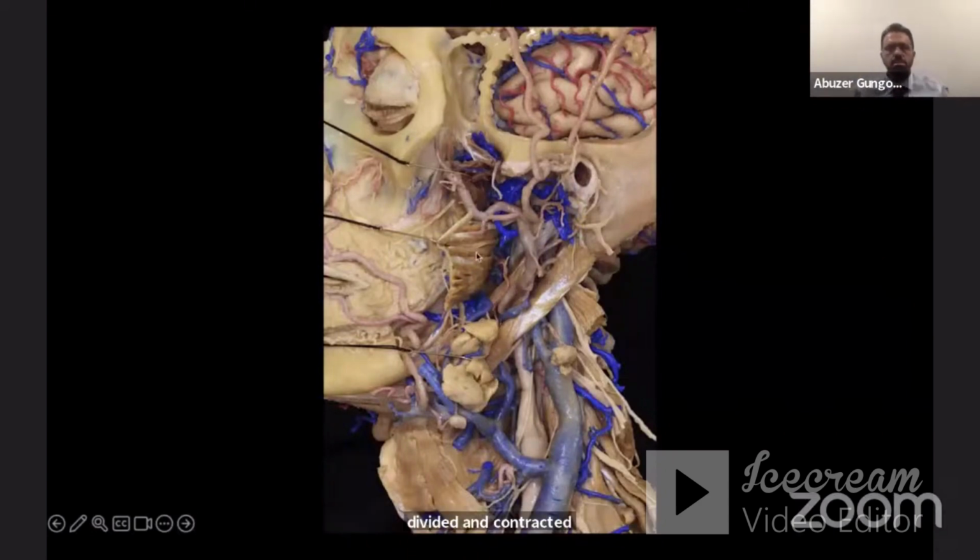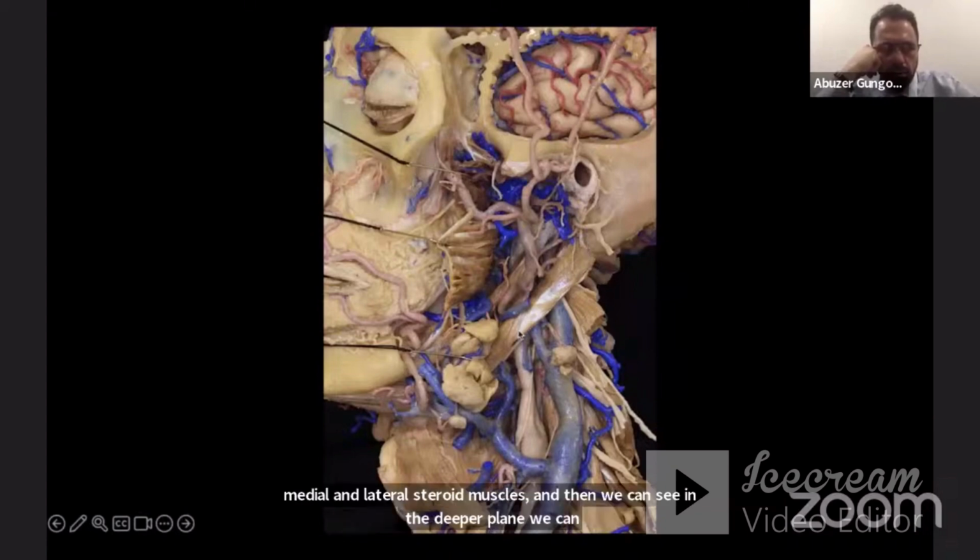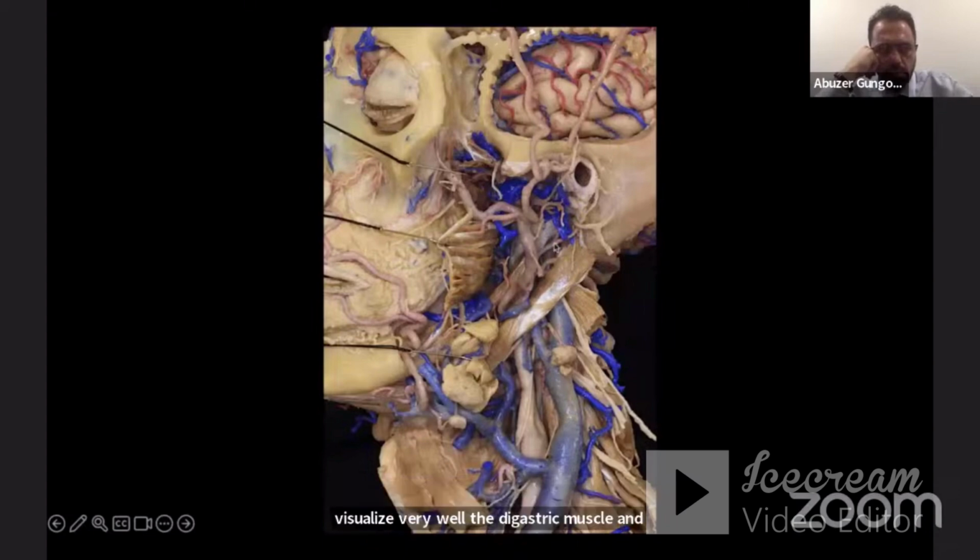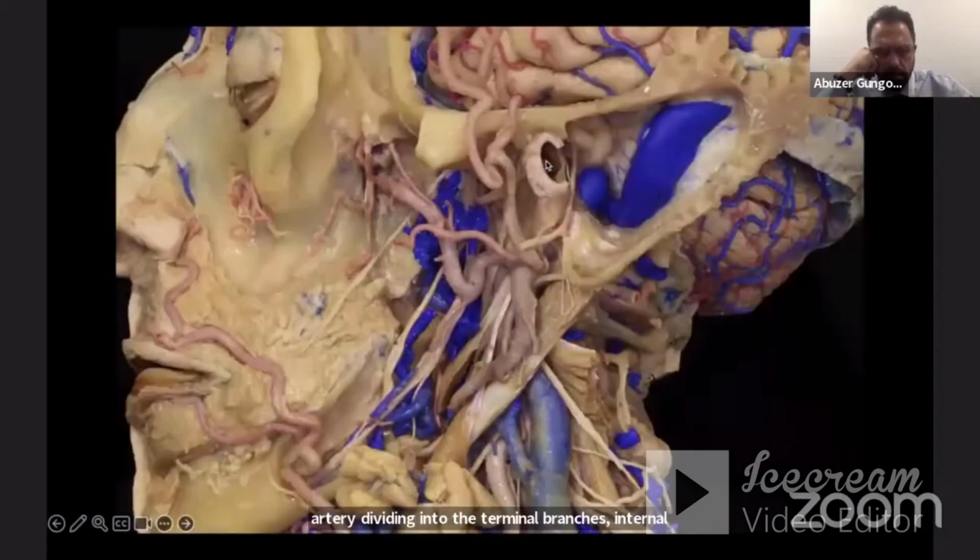The medial and lateral pterygoid muscles, and then we can see in a deeper plane, we can visualize very well the digastric muscle, and then all the muscles that are attached to the styloid process. An important anatomical structure here is the carotid artery, the external carotid artery divided into the terminal branches, the internal maxillary artery, and the superficial temporal artery.